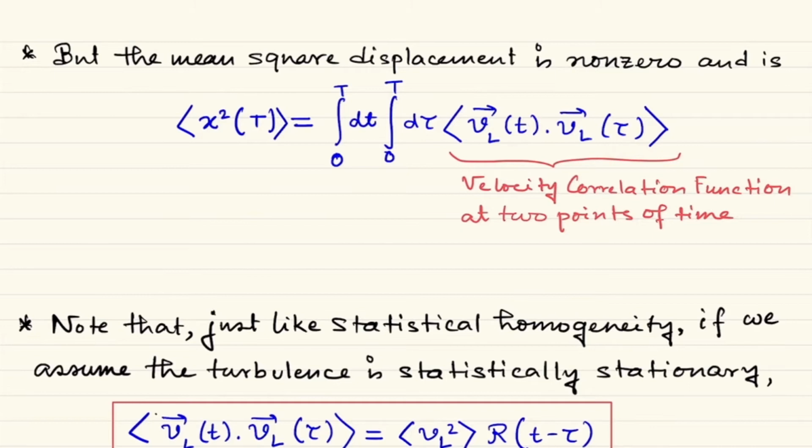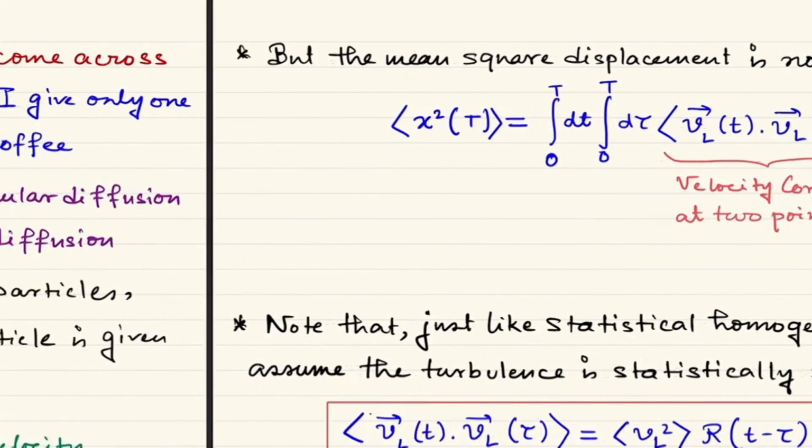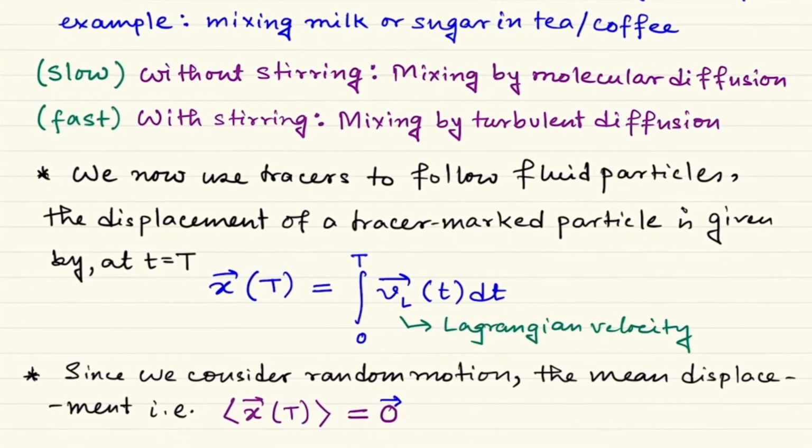If you integrate the Lagrangian velocity at a given time point over time, you will get the displacement vector at that time point.